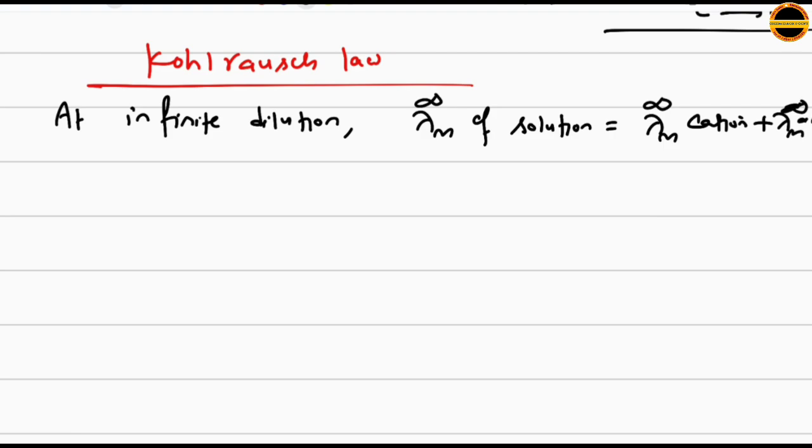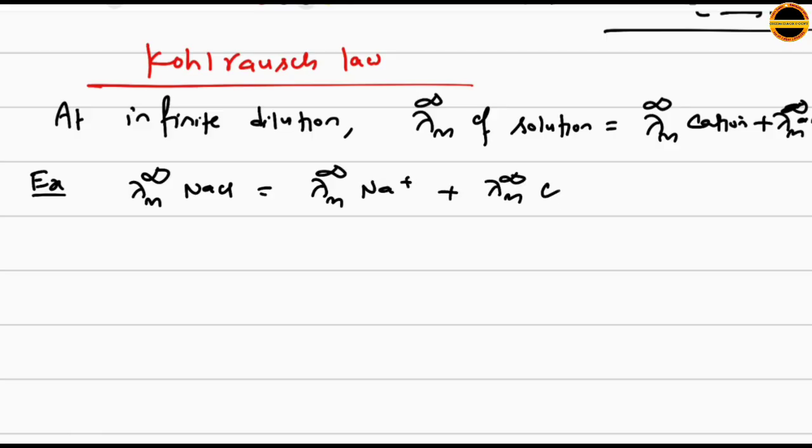That is about Kohlrausch law. One example: the molar conductivity of NaCl is equal to the molar conductivity of Na plus, plus the molar conductivity at infinite dilution of Cl minus.